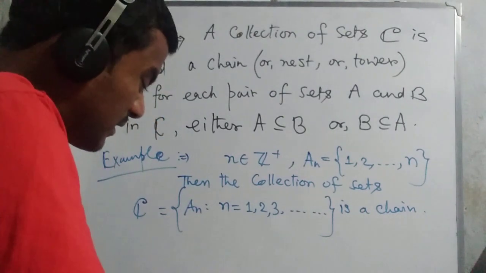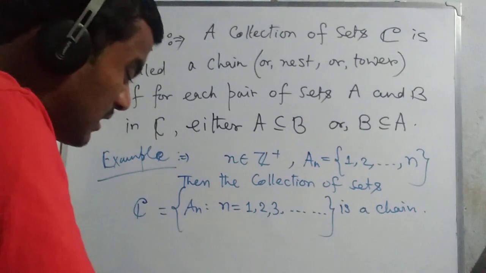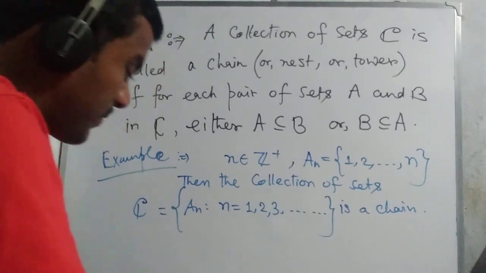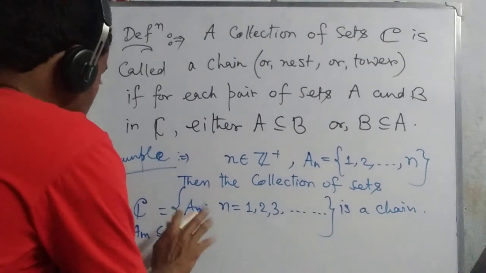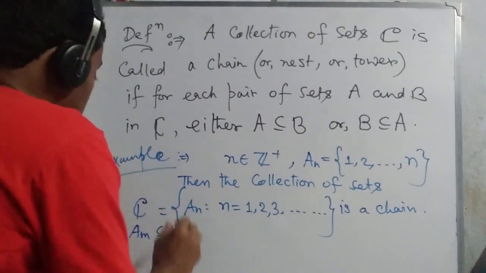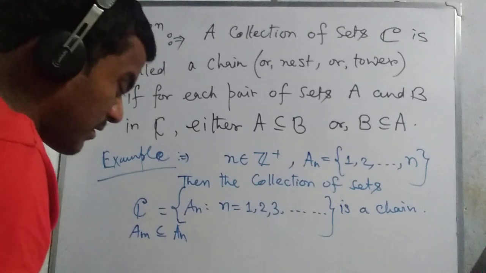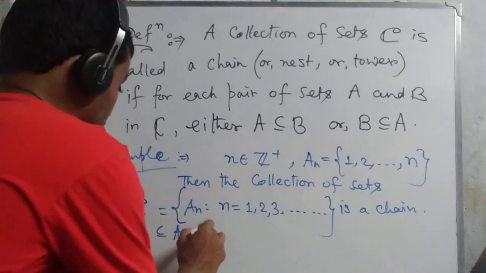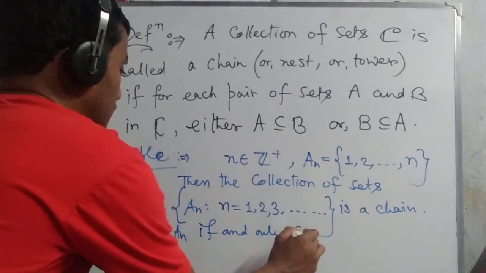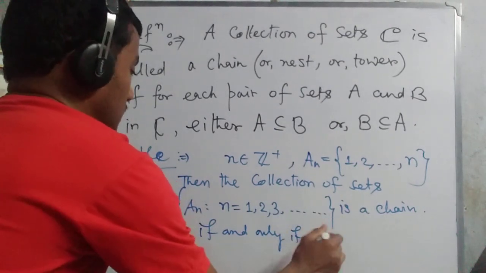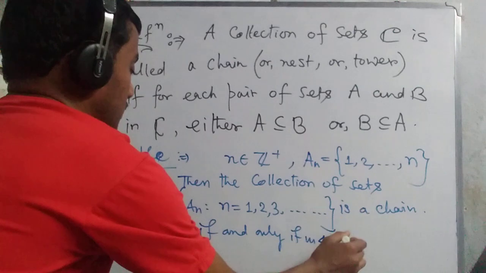That means A_m is a subset of A_n if and only if m is less than or equal to n.